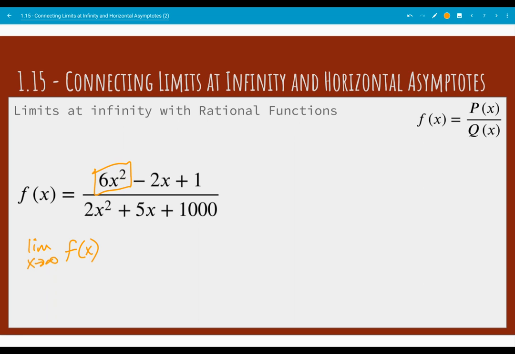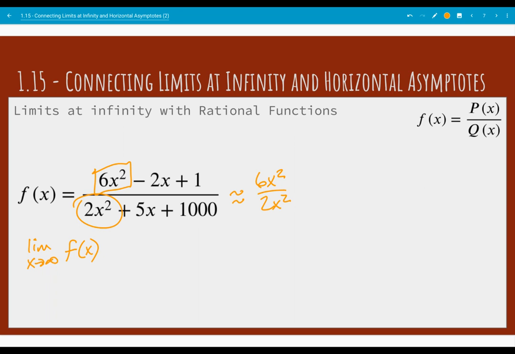As x gets really big, the difference between 6x squared and the rest of this is going to be minimal. So f of x, as x gets really big, is going to be about the same thing as 6x squared over 2x squared. The idea is we're looking for what's going to dominate, or have the biggest impact on, the value of the numerator and the denominator.